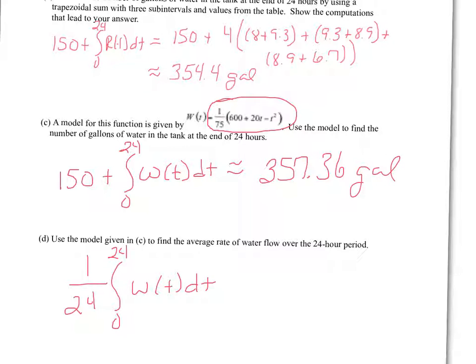So really, you could go back to your previous answer, subtract 150 from it, and then divide by 24, for time's sake. If this were an AP question, you know you just found it. Just subtract your 150 and then divide by 24. So what's the average water flow rate? 8.64 gallons per hour. All right.